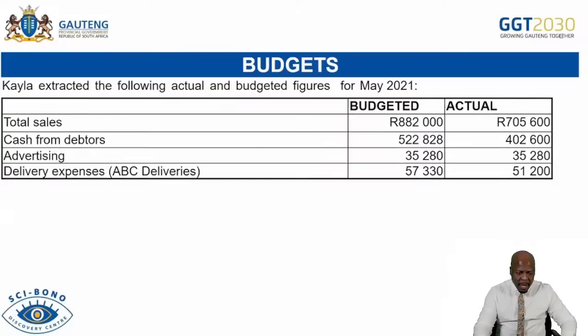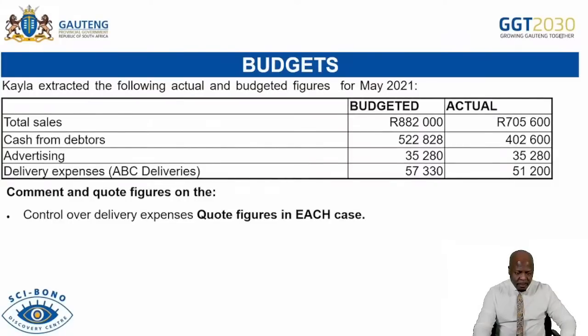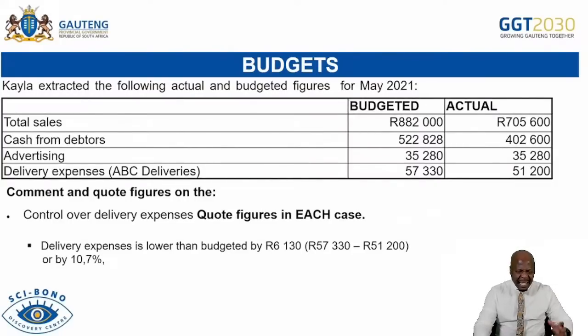Okay. And then here's another one. Delivery expenses. As I said, our deliveries, you can see here, it seems as though they decreased. But when you calculate percentages, they'll give you a clear picture. So you see, your delivery is lower than the budgeted by 6,130.